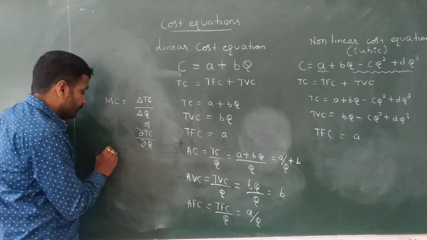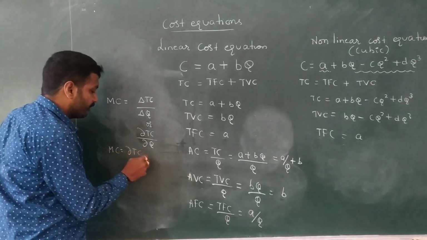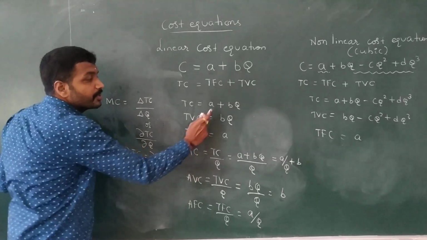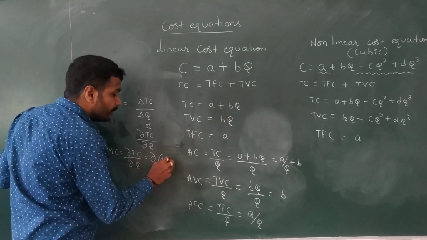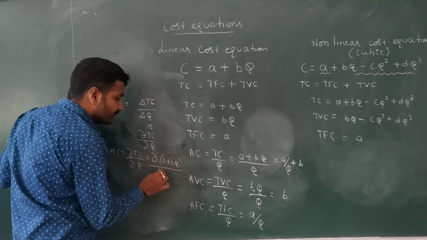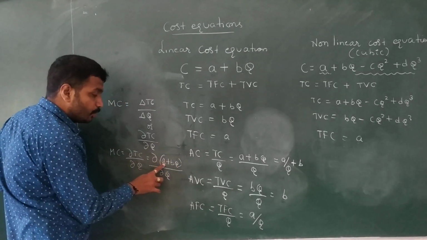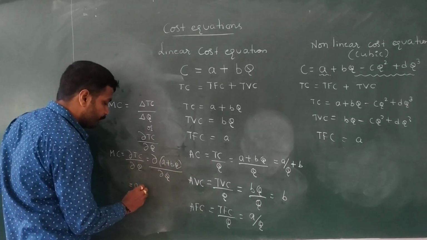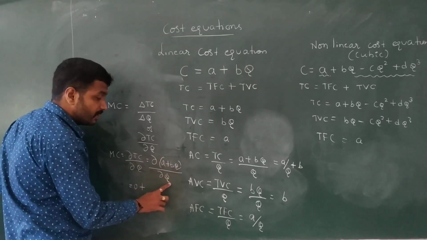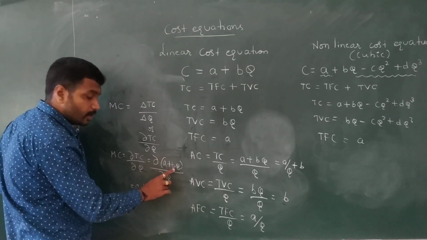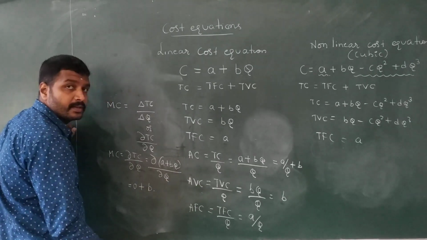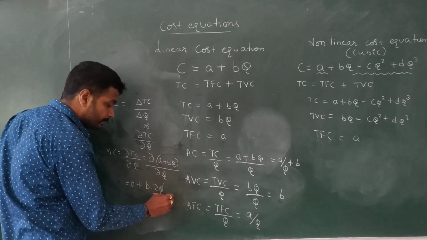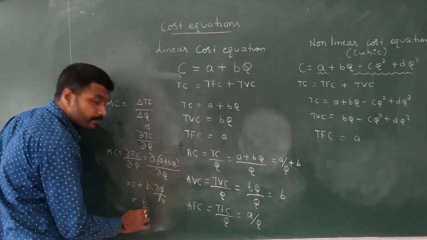So MC is equal to derivative of TC with respect to Q, which is derivative of A plus BQ with respect to Q. Derivative of A, which is a constant, with respect to Q will be 0, plus derivative of B into Q with respect to Q. Since B is a constant, keep it aside, so it becomes derivative of Q with respect to Q, which is nothing but 1, such that it becomes B.